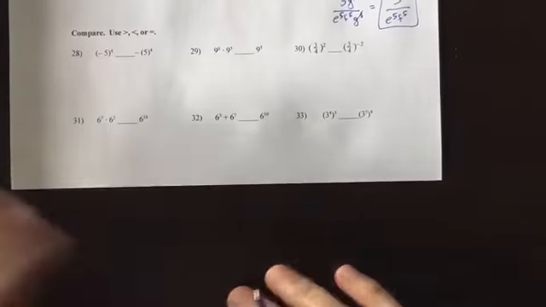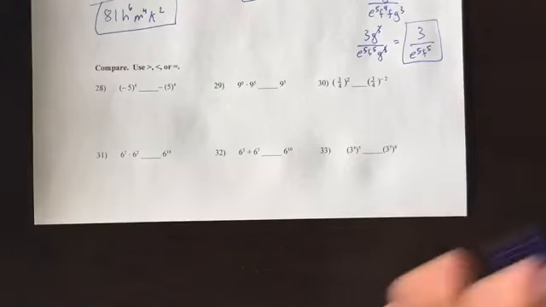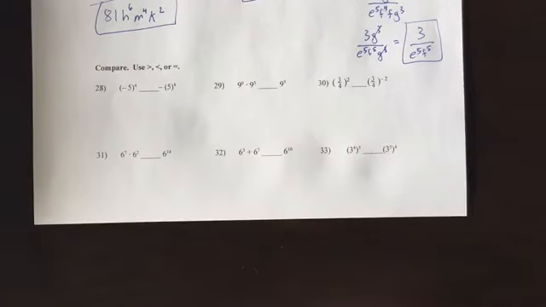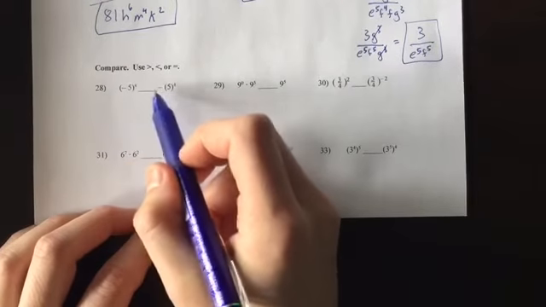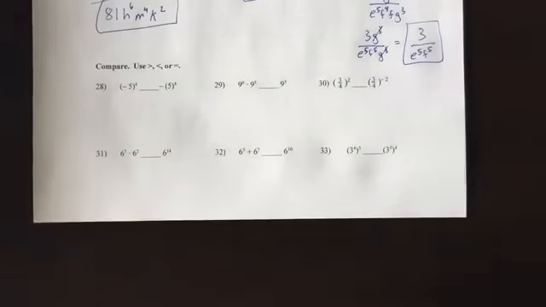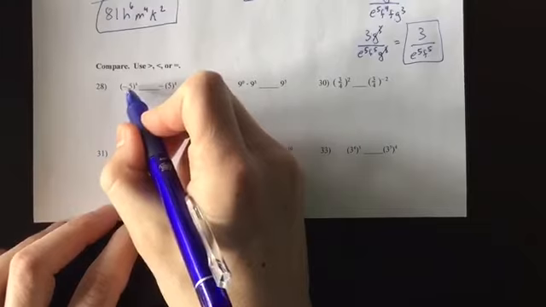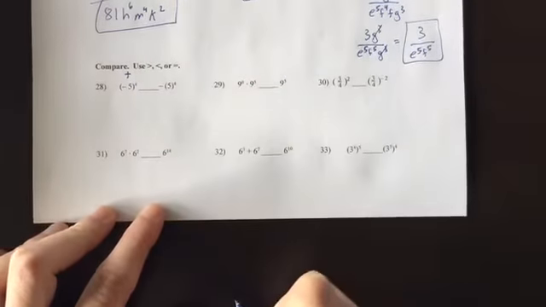Now, 28 through 33, different directions. Compare. We're going to use greater than, less than, or equal to. So we have to somehow figure out what's going on with these values. Now here, 28, negative 5 to the 4th, negative times 5 to the 4th. It's really looking at what's going to be positive, what's going to be negative. Here, a negative times itself an even number of times, that's going to be a positive number.